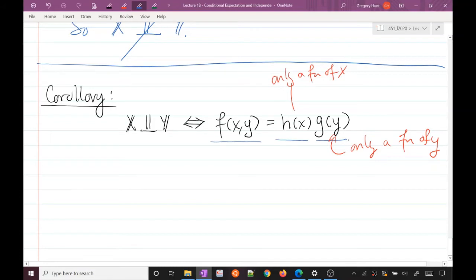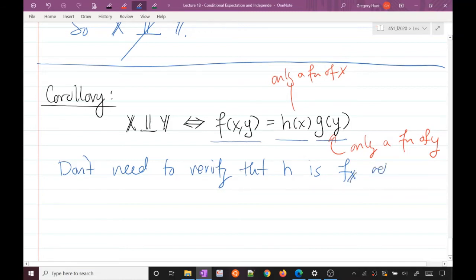I don't even need to verify. Let me write this down to make it clear. Don't need to verify, or even for it to be true, that h is the marginal of x and g is the marginal of y.